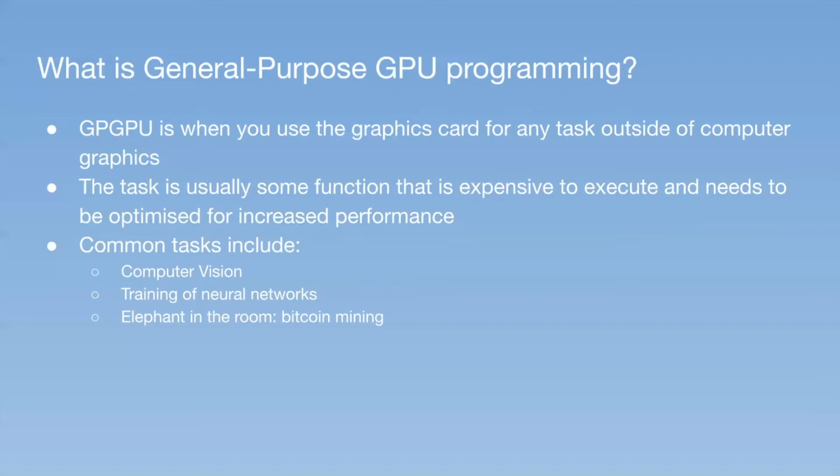This is probably the most common application of general purpose GPU programming. It's incredibly environmentally destructive. I found online that Bitcoin has a similar carbon footprint per year to New Zealand at 37 million tons of carbon dioxide, but it remains the main application of GPU programming at the moment, which is a bit crazy, but there we go.